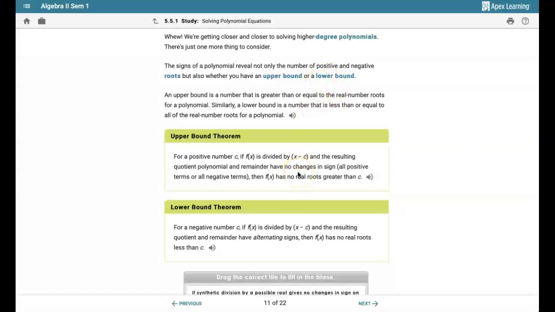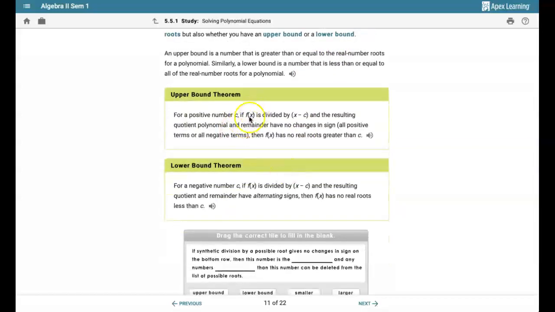For a positive number c, if f of x is divided by x minus c, and the resulting quotient and the remainder have no sign changes, then f of x has no real roots greater than c. I know that's a little bit confusing. What that means is it's referring to our normal division problems.